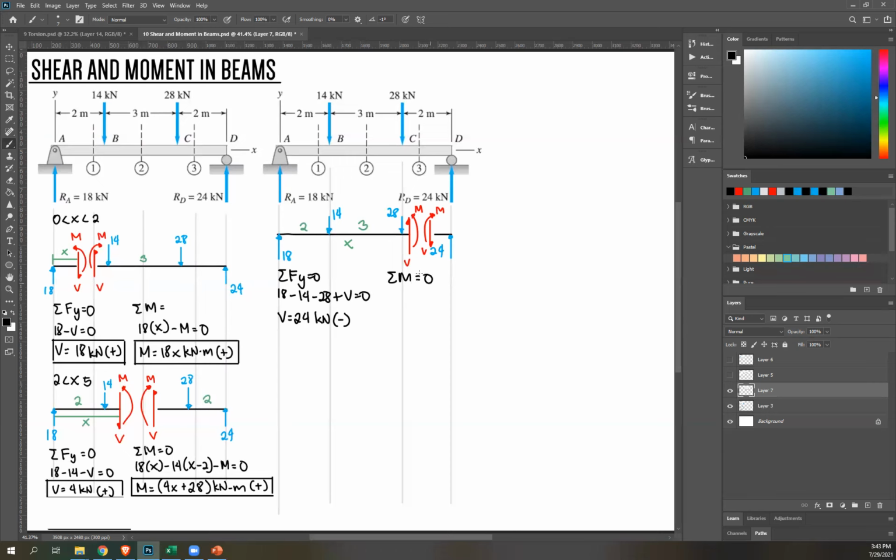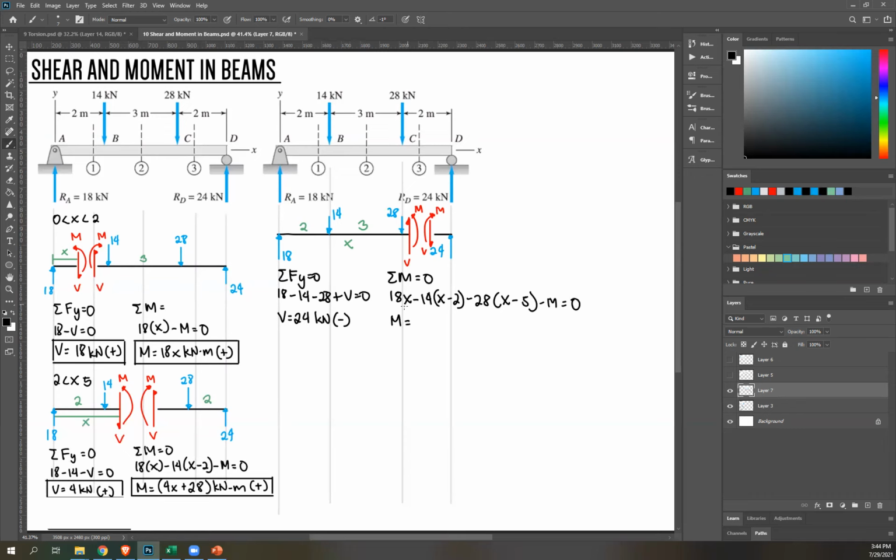summation of moment equals 0. So this is 18 times x, right? Then minus, since counterclockwise, 14 times distance, which is x minus 2, right? From this end. Then minus 28, x minus 5. Then counterclockwise m, so minus m equals 0.